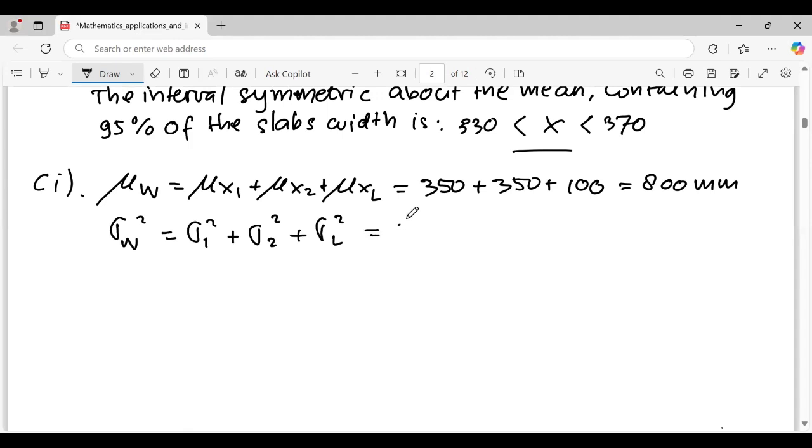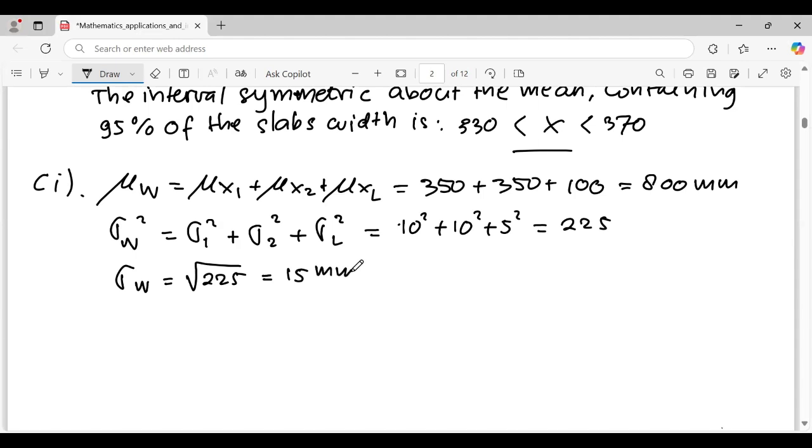The standard deviations are 10, 10, and 5, so 10 squared plus 10 squared plus 5 squared is 225. So it means the standard deviation equals the square root of 225, which is 15 millimeters.